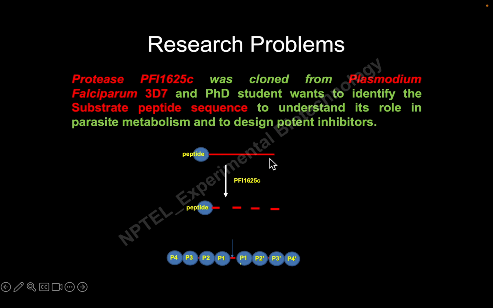A certain length of amino acids linked together by peptide bonds is called a peptide, right? Then you will act the protease on the peptide and get different fragments, and you can do sequencing and identify the peptide sequence.